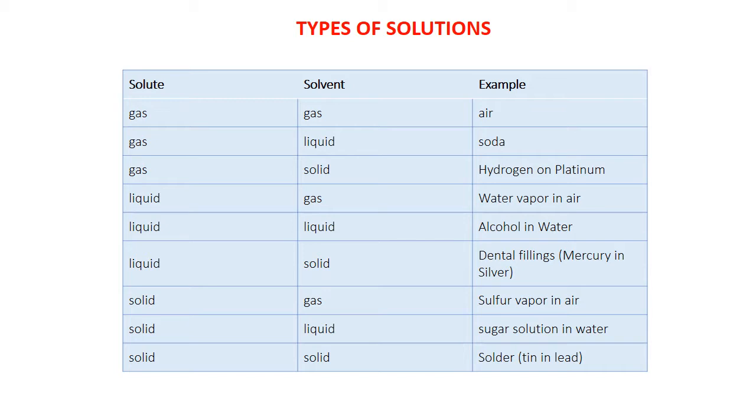Liquid in gas, water vapors in air, fog, etc. Liquid in liquid, alcohol in water, these are known as emulsions. Liquid in solid, dental filling, mercury in silver. Solid in gas, sulfur vapors in air. Solid in liquid, sugar solution in water. And solid in solid are the alloys.